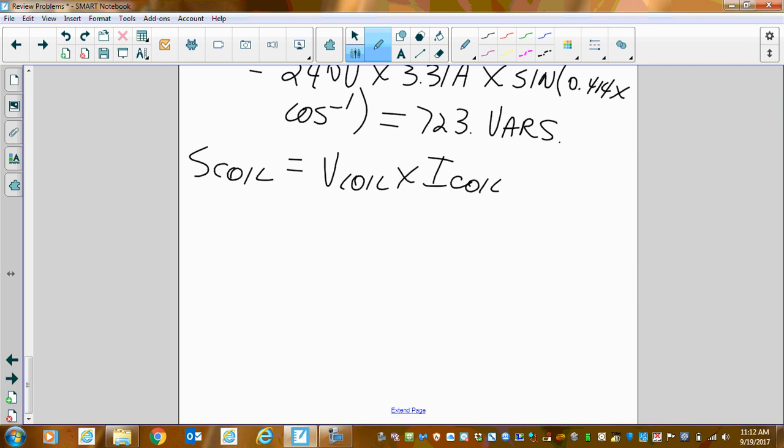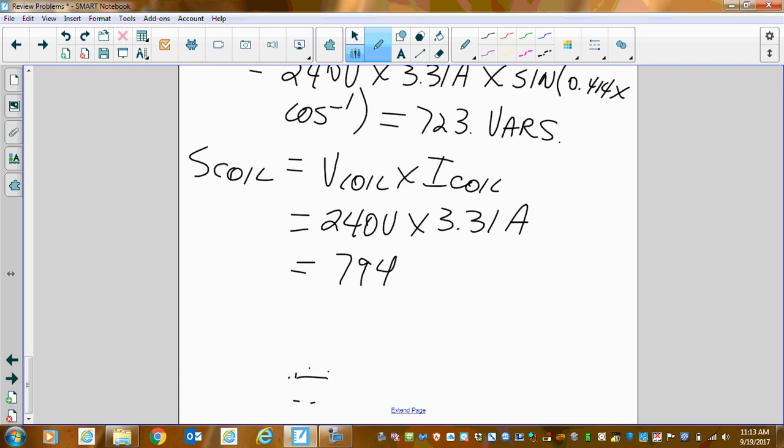That's all I've done here, in one step. I'm just getting lazy. In one step, I've just calculated the angle by taking the power factor and inverse cosine. Just done it in one step instead of doing it separately. And you guys are welcome to do it separately as long as you get the right answer. That's the most important thing. 240 volts times 3.31 amps, and that should be 794 VA.